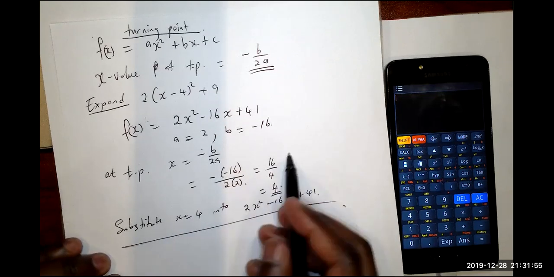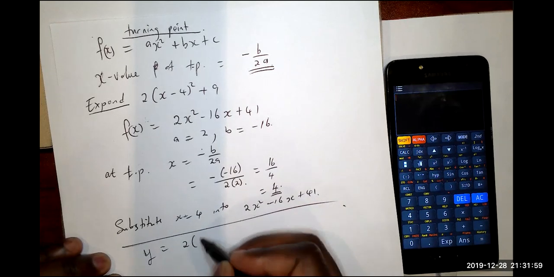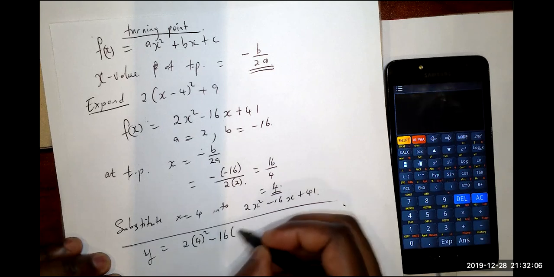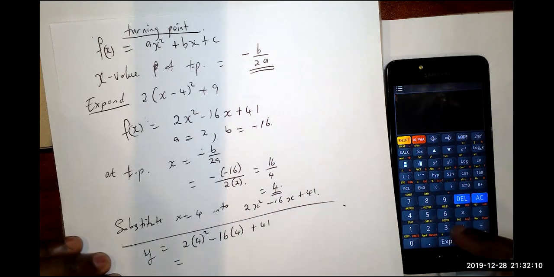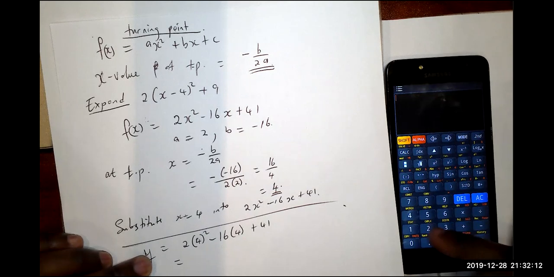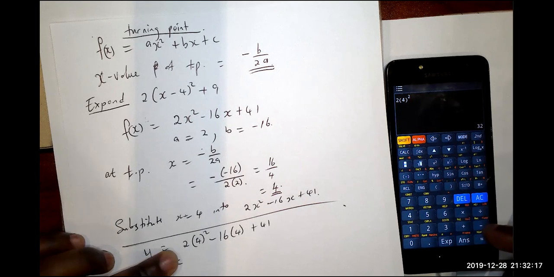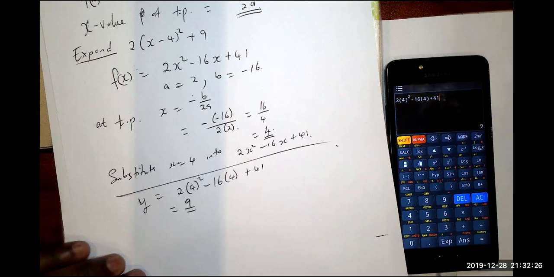So your y value is going to be equal to 2 times 4 squared, minus 16 times 4, plus 41, and we see what we get. What do we get? We get 9, okay? That's our 9 there.